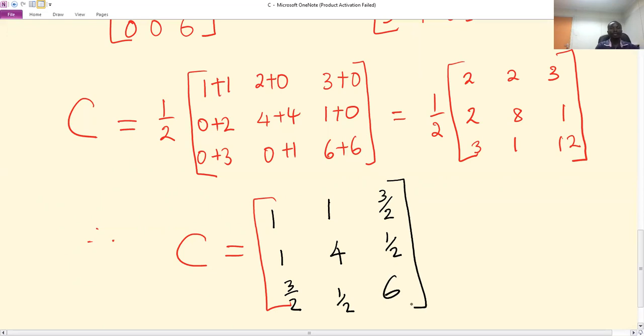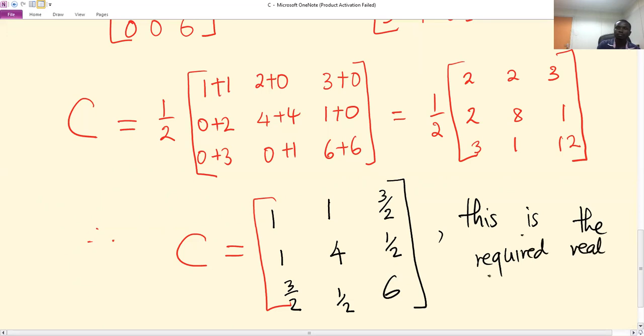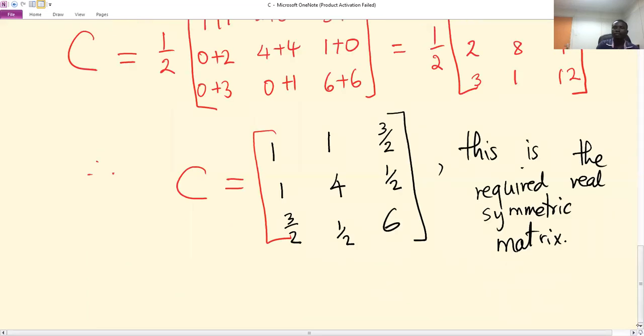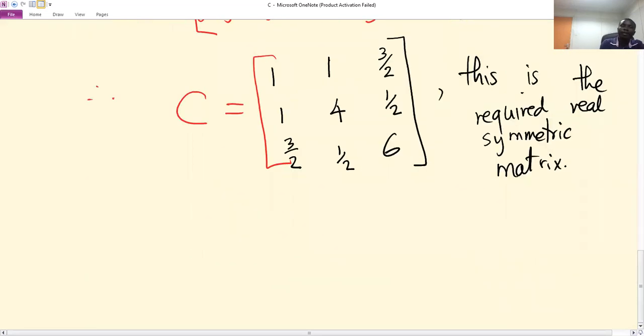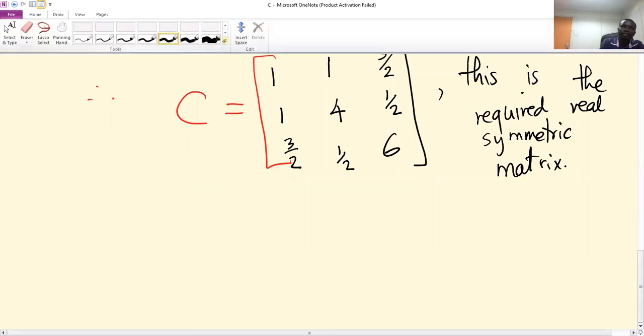So this is the required symmetric matrix. This is the final solution to that problem.